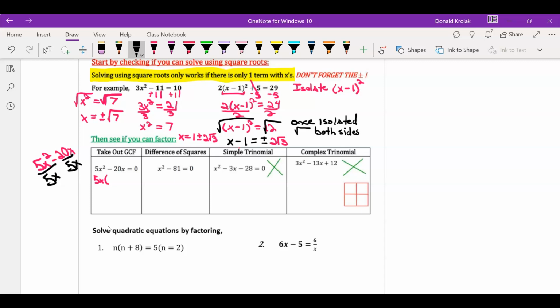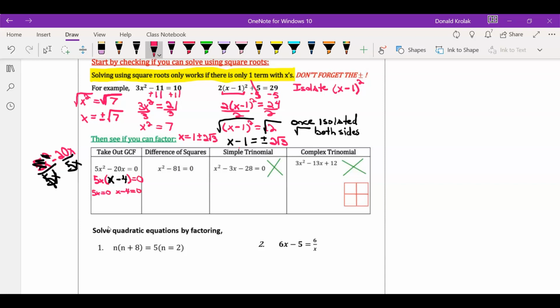Okay, so when I do this one, I'm just left with x. When I divide that by 5, I'm left with 4. If you distributed this, it would turn back into what it was. All right, then you use the zero product property, which means if this is equal to 0, either 5x is going to equal 0, or x minus 4 is going to equal 0.